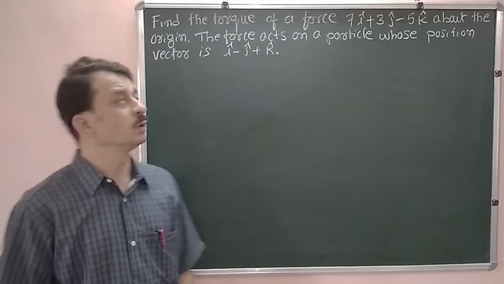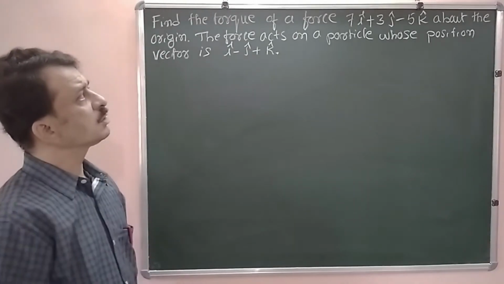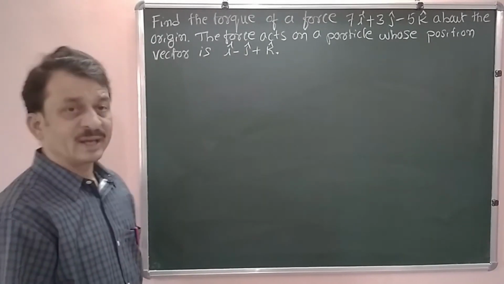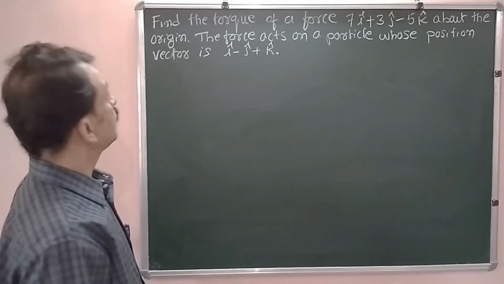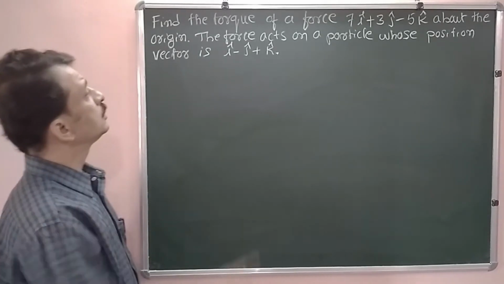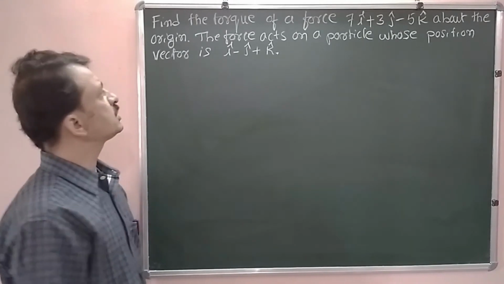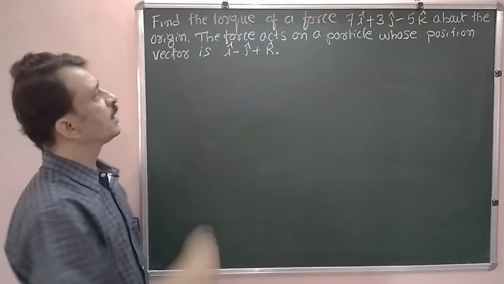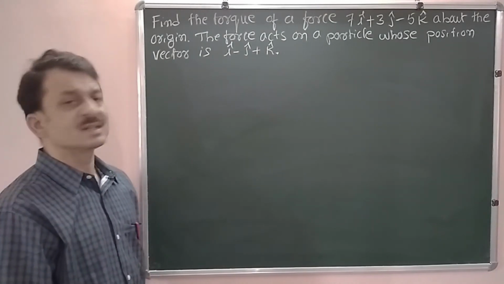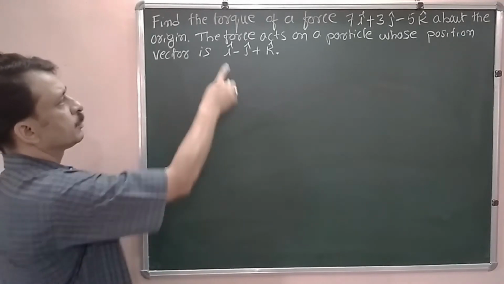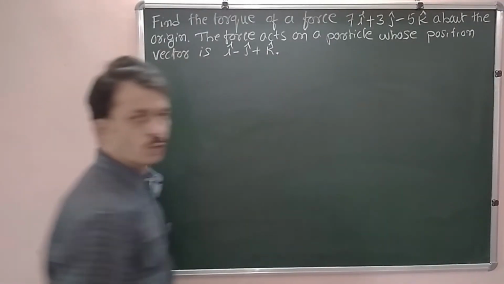Now we will solve one problem. Find the torque of the force 7i plus 3j minus 5k about the origin. The force acts on a particle whose position vector is i cap minus j cap plus k cap. We have to find the cross product of the position vector and the force.